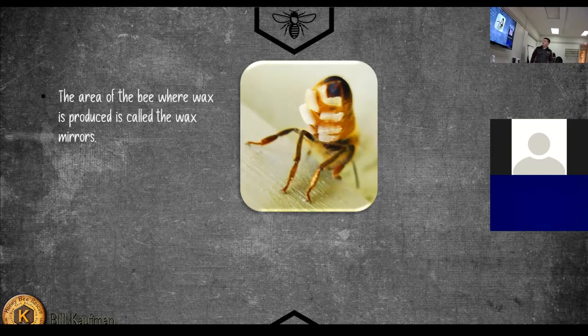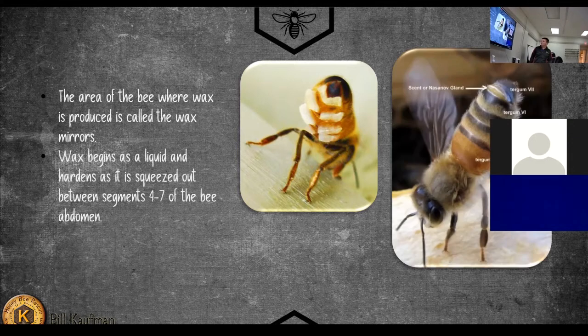So this is where the bees make their wax, right on their hind end, between the segments of their body. It squeezes out like toothpaste. It starts off as a liquid and solidifies as the gases from it evaporate when it hits the air, and you end up with these nice little scales.